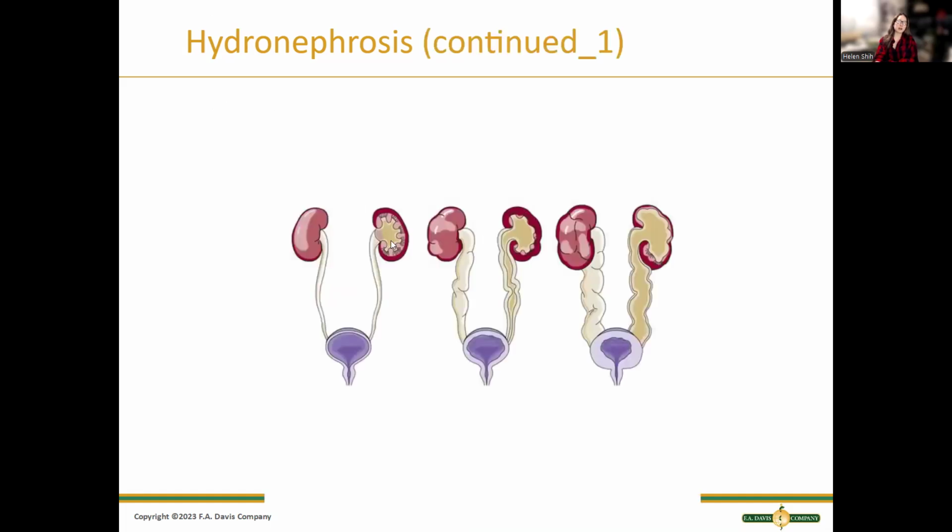This is a picture of what hydronephrosis might look like. On the left, you have a completely healthy urinary system. In the middle, you have a urinary system with a moderate amount of hydronephrosis, in which you can see that the walls of the bladder have actually thickened, and so have the walls of the ureters.